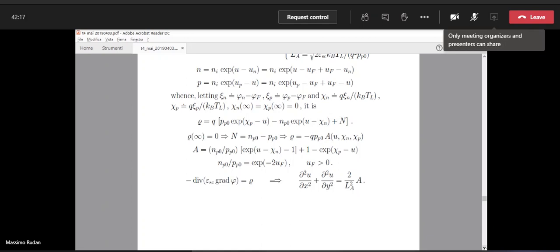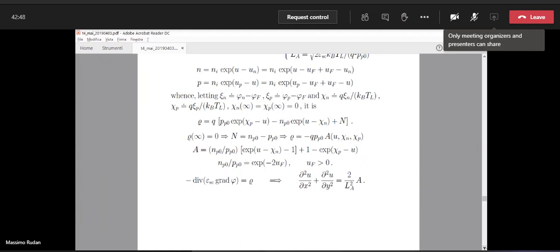On the right-hand side, A still depends on both x and y, because you remember we have the dependencies on u, chi n, and chi p. They still depend on y. We have not eliminated y completely from the equation, but we don't have anymore the derivative with respect to y.